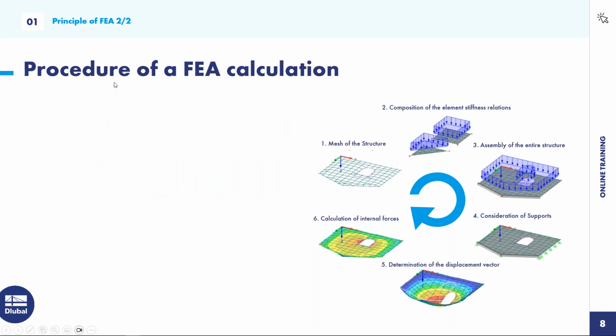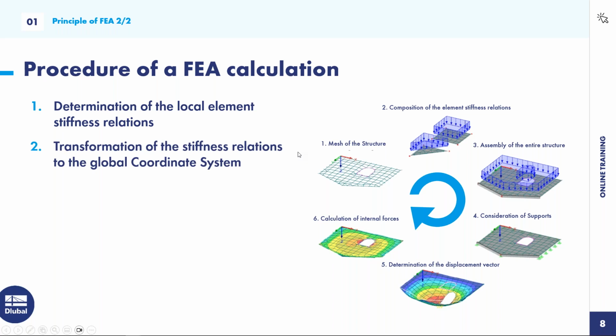So how's the procedure of an FEA calculation? You start with a structure of any kind, you just model it, and then you break it down to a mesh of certain elements. And for all these single elements, you get your stiffness relations.